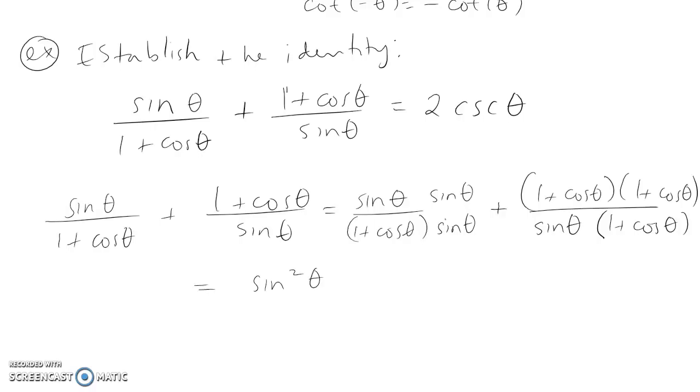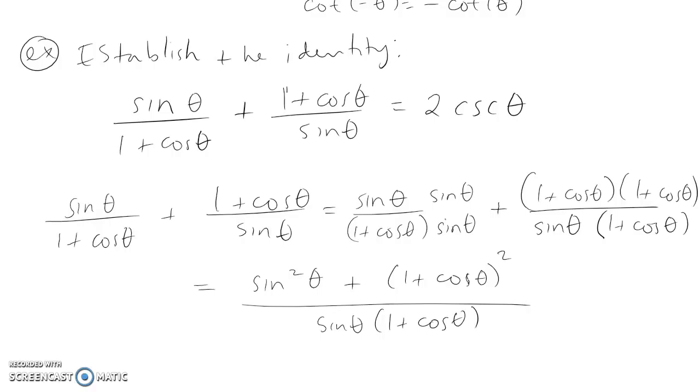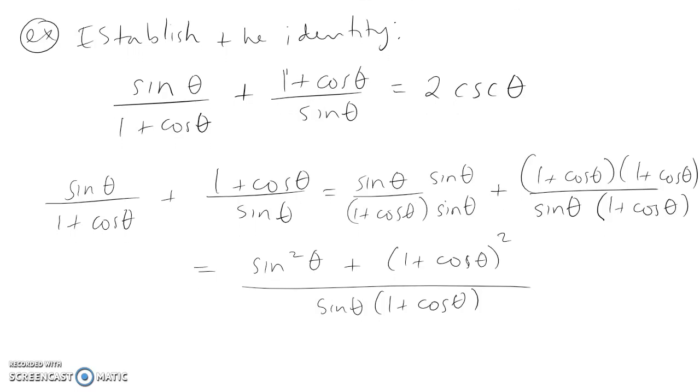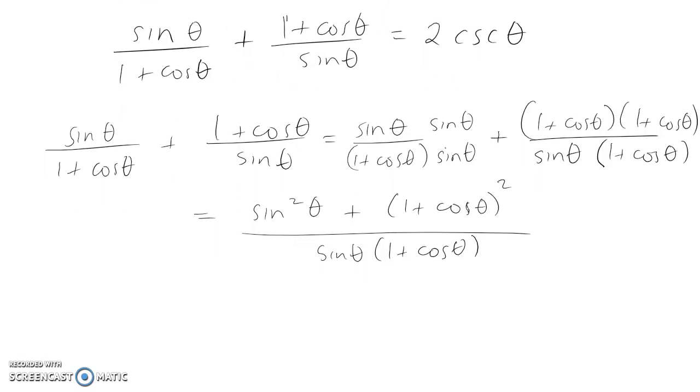For the first fraction numerator, we have sine squared theta. The second fraction numerator, we have 1 plus cosine theta squared, right? So that entire 1 plus cosine theta is being squared. And our common denominator that's now under both is sine theta times 1 plus cosine theta. Alright, now what?